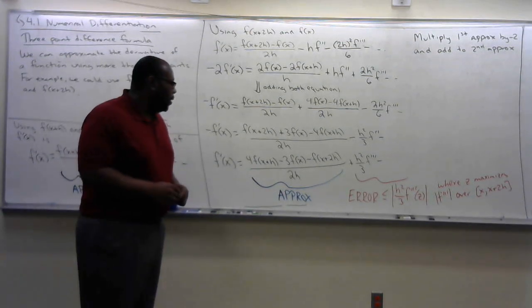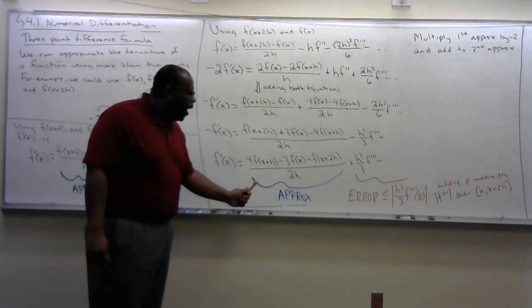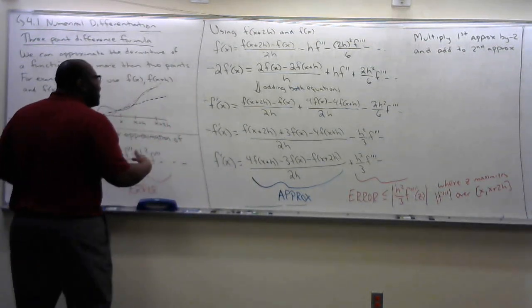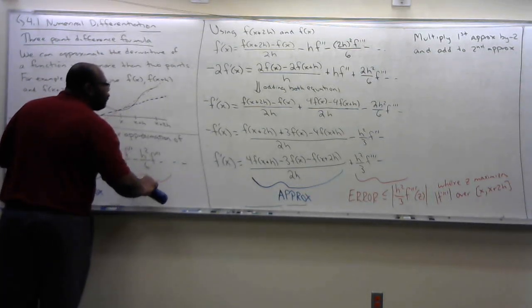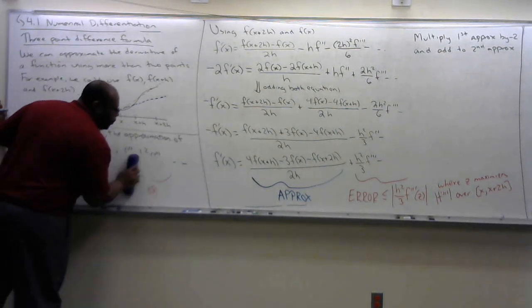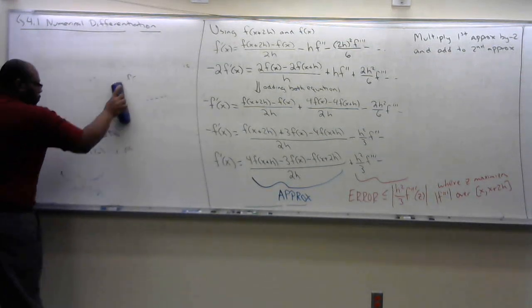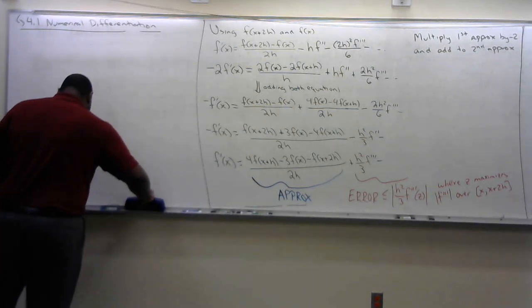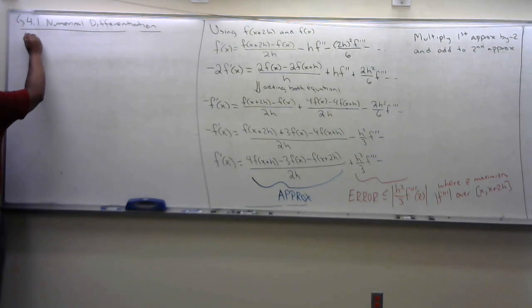So here we have an approximation which uses 3 points. The midpoint formula in practice only uses 2 points, although it's called a 3-point formula. But this one in practice uses 3 points. So let me write it down, 3-point formula. It's actually better to use the midpoint formula if you're going to use one.